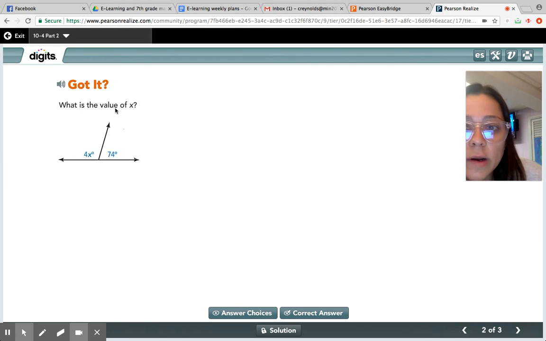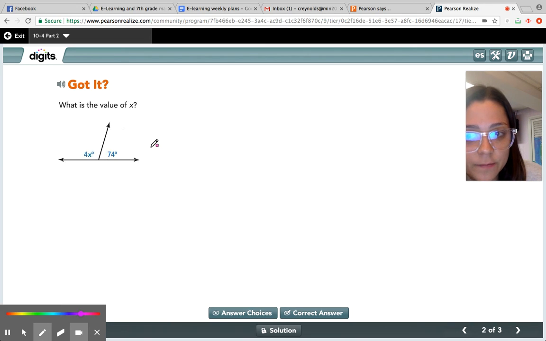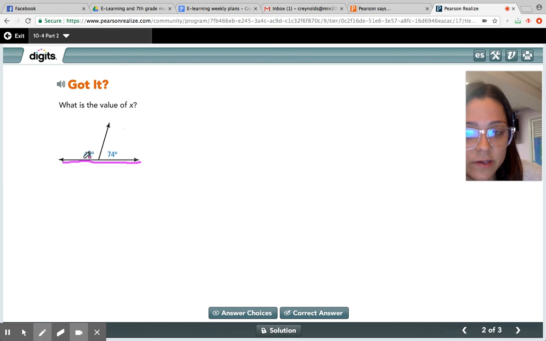It says, what is the value of x? So they give us this picture here of supplementary angles. We know they're on a straight line, so this is equal to 180 degrees right here. This straight line is equal to 180 degrees, so if these two measures are on that line and they're adjacent, we know that these are supplementary angles, so added together they equal 180 degrees.